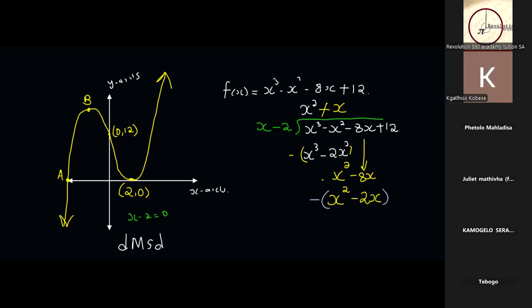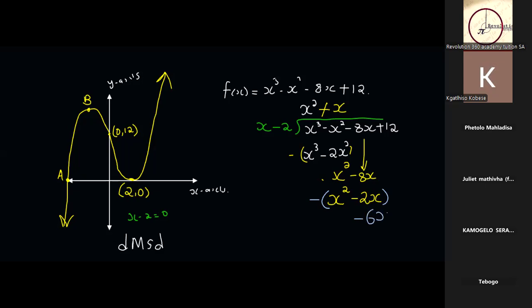And then negative times negative is positive. So minus 8 plus 2, sorry for that, it's minus 6. You're going to write minus 6x after subtracting, then you drop the positive 12.